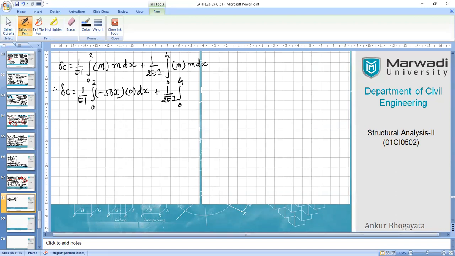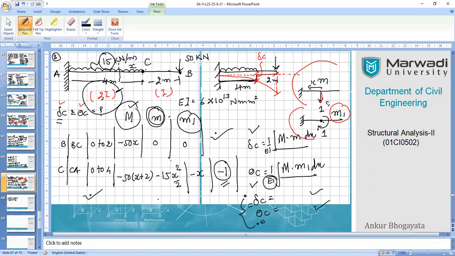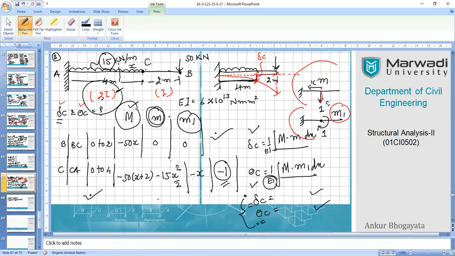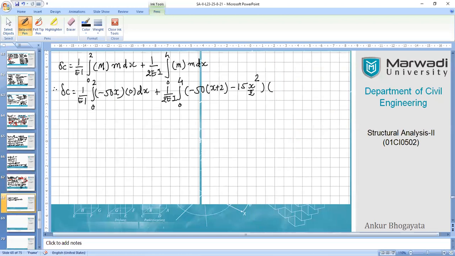Everyone, whether you are offline, online, wherever you are, keep calculating the things with me, so that only you will gain the confidence. Minus 50x plus 2, that is due to the point load, and minus 15 times x squared by 2. And then we have small m, let's check it, minus x. So that is negative x here, dx.